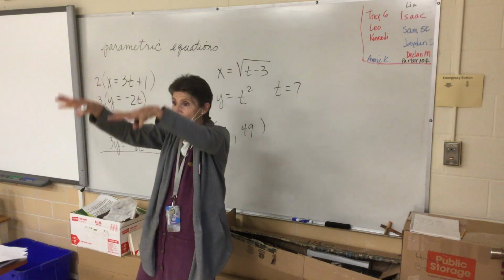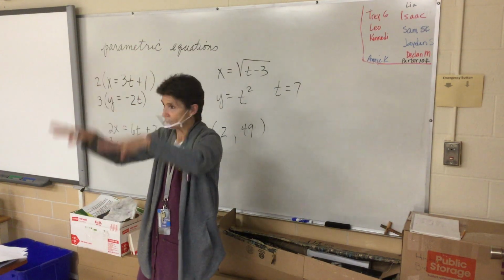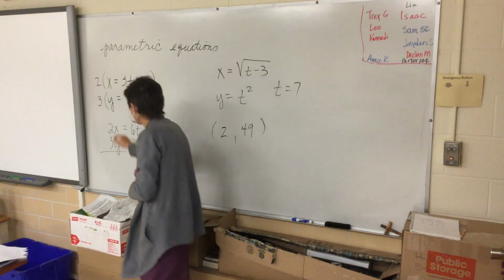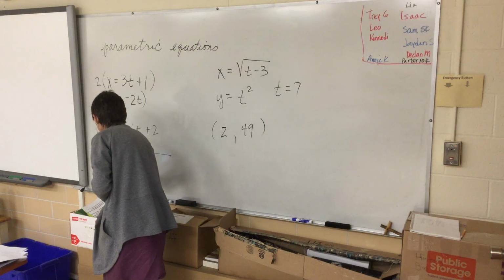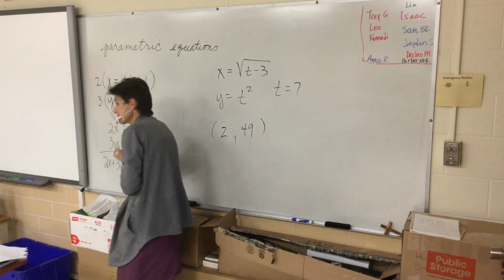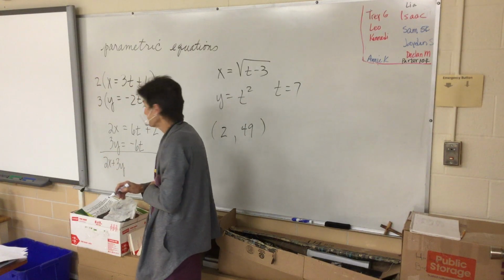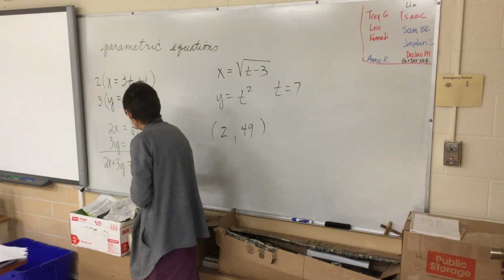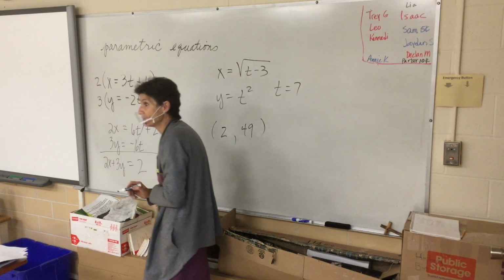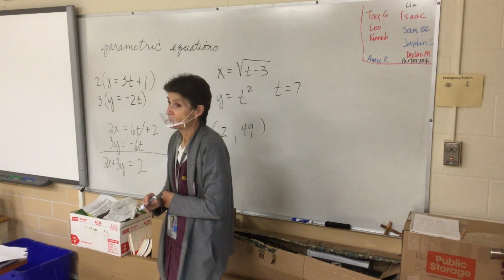If I add those together, straight down, I would have 2x plus 3y on this side equals, that's gone, and I would just have 2.